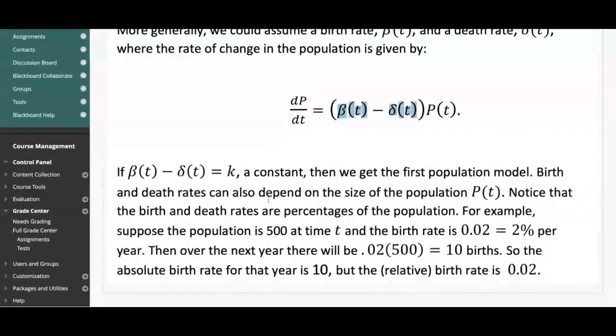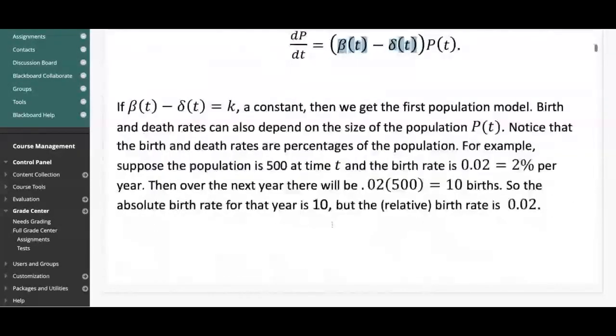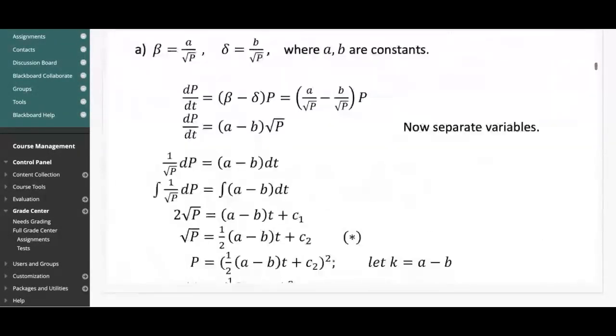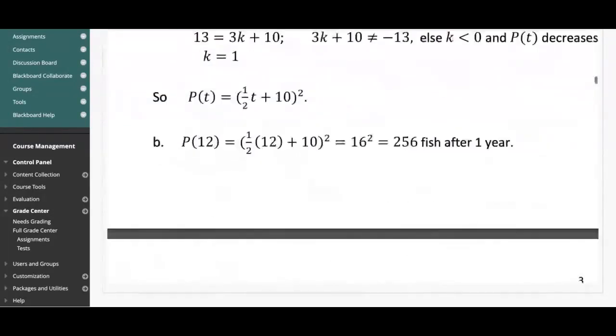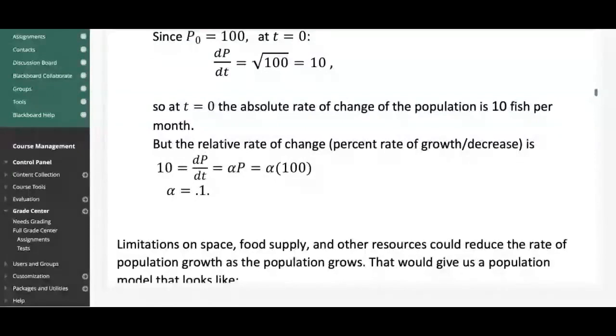Right, let's argue about this. If birth rate is lower than death rate, this will be a negative number. If birth rate is bigger than death rate, this will be a positive number. So that's the beginning of it. Now let's come to our logistic.